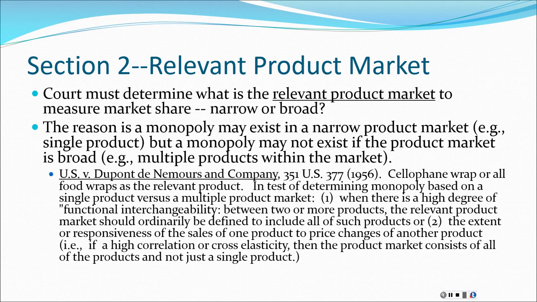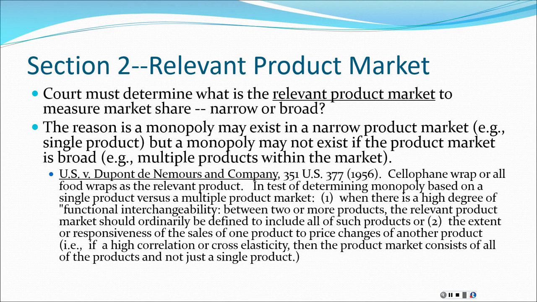And the court held in this case that the test of determining monopoly based on a single product versus a multiple product market is one when there's a high degree of functional interchangeability between two or more products. The relevant product market should ordinarily be defined to include all such products.